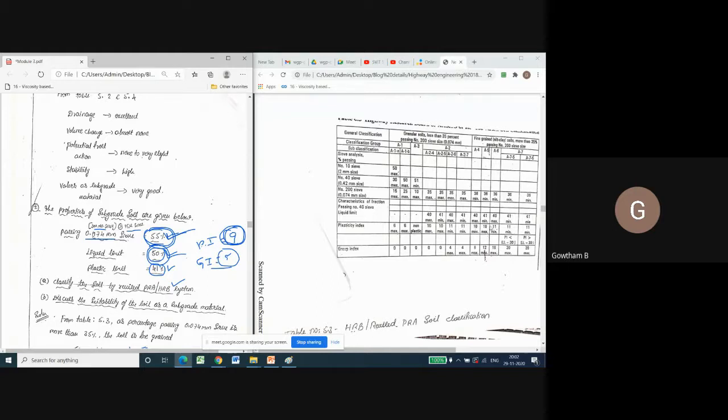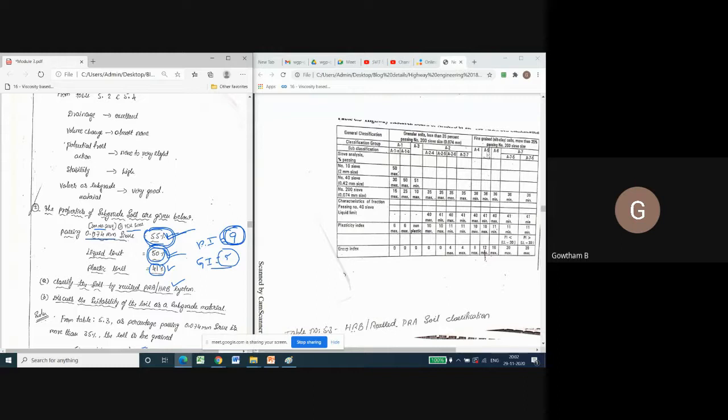Therefore definitely it comes under A5, which can accommodate a plasticity index of 10 maximum. I can't put it under A7 because 11 is the minimum value there. Therefore our soil belongs to this column, A5. Now we understood that our soil belongs to soil group A5.